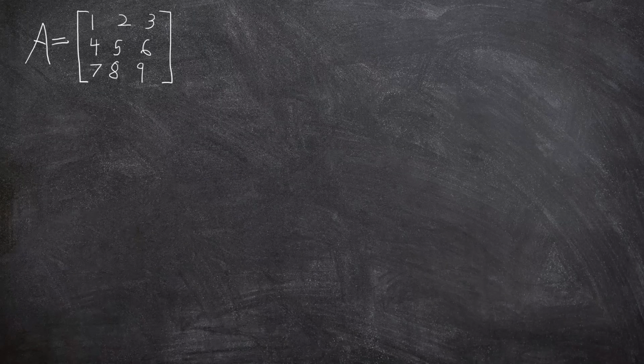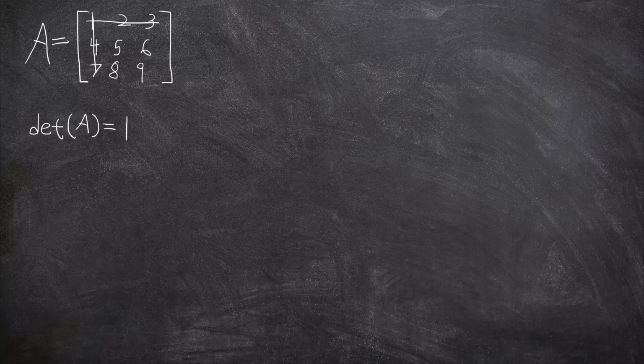Here is another 3 by 3 matrix. Feel free to pause the video and attempt this yourself. First off, we focus on the number 1 here. We cross out our terms. 5, 6, 8, 9. So it would be 5 times 9 minus 6 times 8.